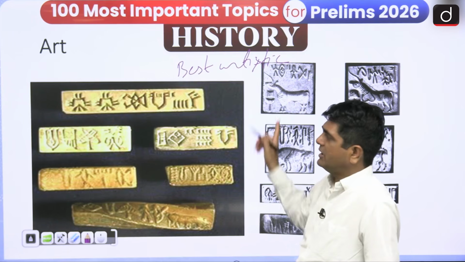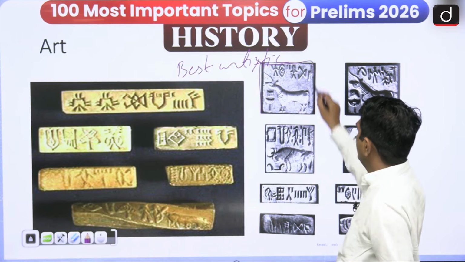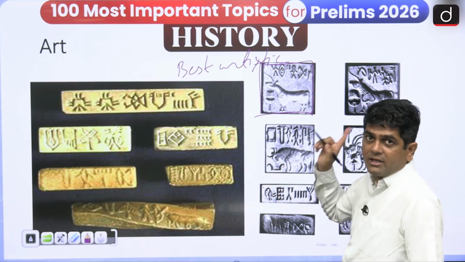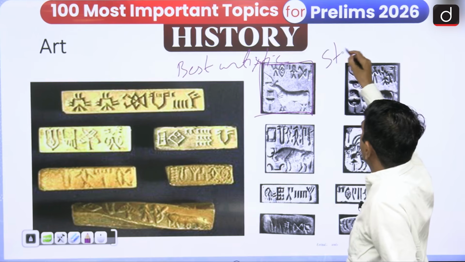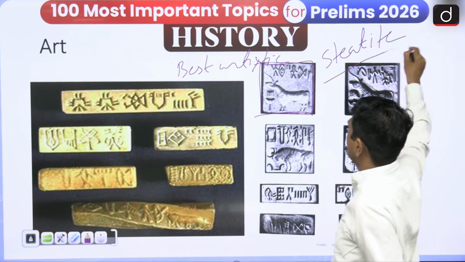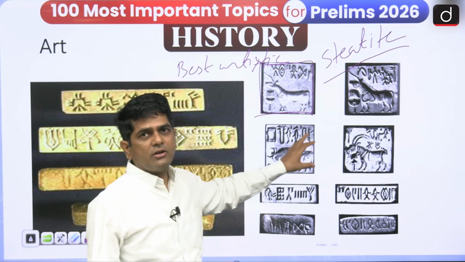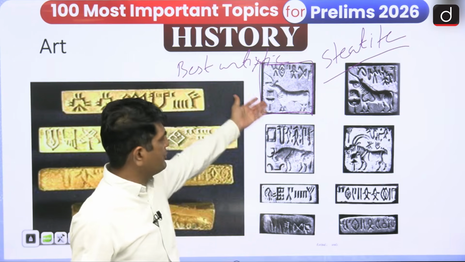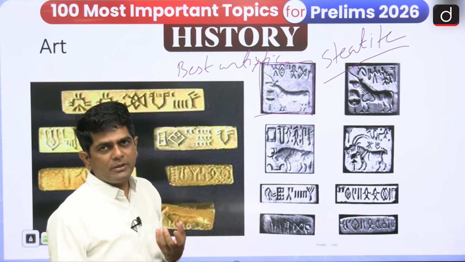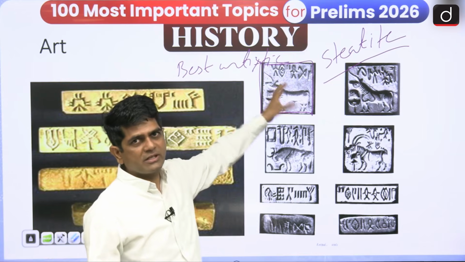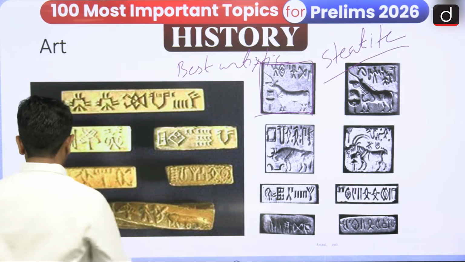Most of the seals are square in shape, and most of the seals were made of a kind of soft stone called steatite. On the seals, we have the evidence of the Harappan script, pictographic in nature. So in most cases, the evidence of Harappan script is found on the Harappan seals. Clear? So this is the first point.